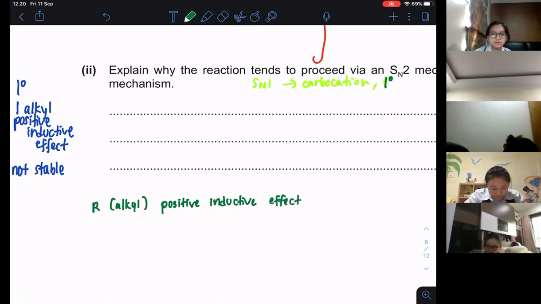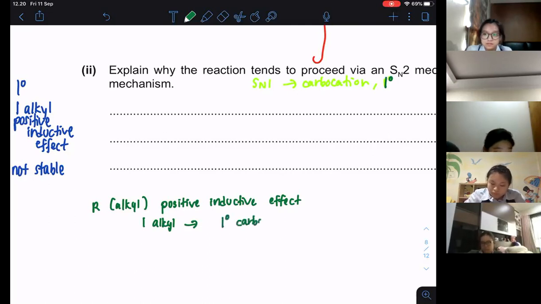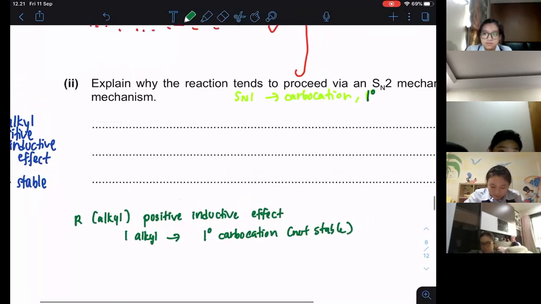This positive inductive effect will try to donate electrons towards the carbocation and reduce the positive charge of the carbocation, so they will try to make it more stable. In this case, having only one alkyl group, there is not enough positive inductive effect to make that primary carbocation stable. So the primary carbocation is not stable. So we need to figure out how to put it in this answer.